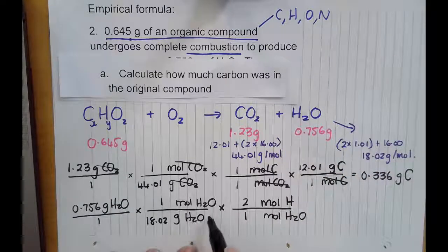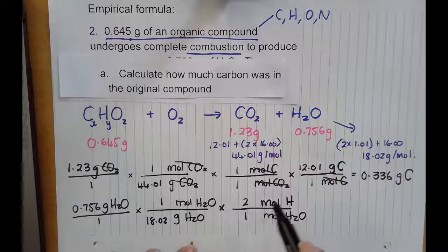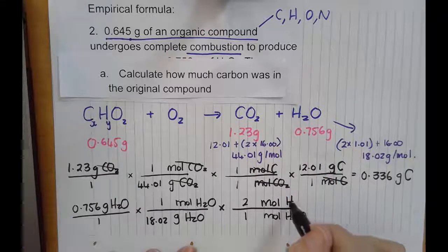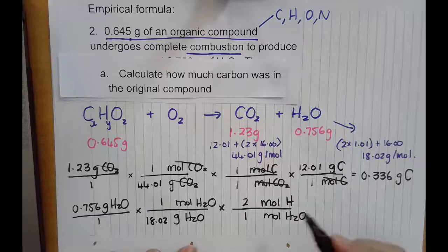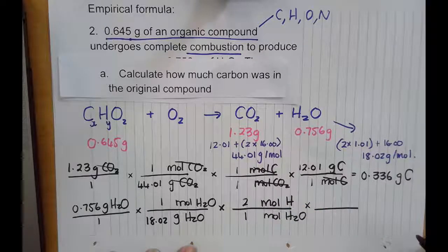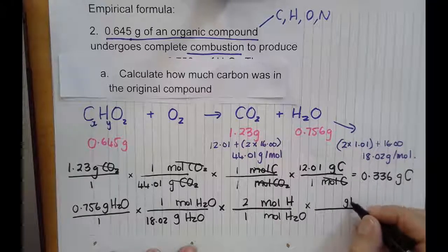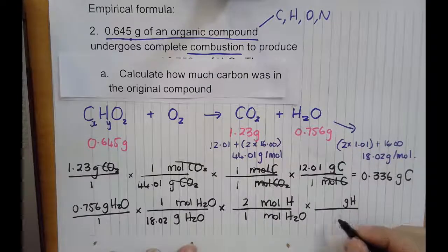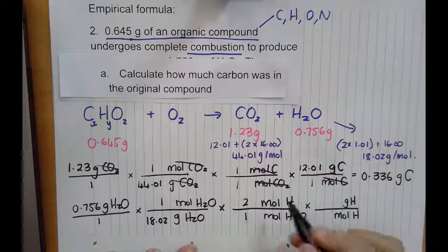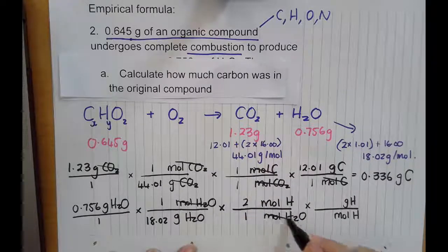So I've worked out how many moles of water I have. Now I want to find out how many moles of hydrogen are in it. So you must just put an H on the top, not H2. Now that I know how many moles of hydrogen I have, I'm going to convert that into grams of hydrogen. Because I have mole of H at the top, I must have mole of H at the bottom, so these moles of H cancel each other out.